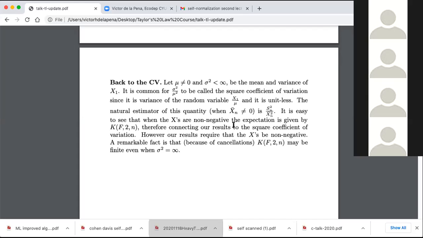This is important in the context of mathematics of finance, because in a lot of cases the variance of the distribution is infinite. But this shows us that even though the variance is infinite, the sample coefficient of variation will have a mean which is finite.